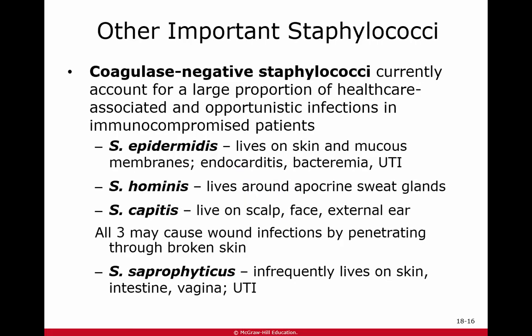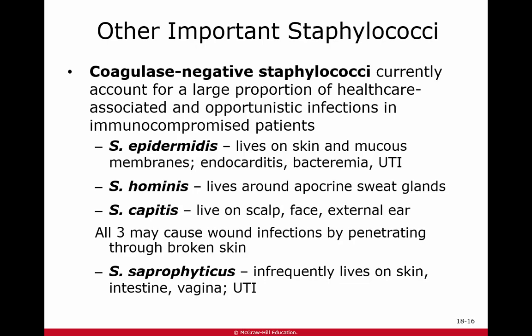Some other important staphylococci, you've got the coagulase negative staphylococci. This is a large proportion of healthcare associated and opportunistic infections, especially in patients that have a compromised immune system. You've got the Staph epidermidis. This one lives on the skin and mucous membranes. It can cause endocarditis, UTIs, or bacteremia.